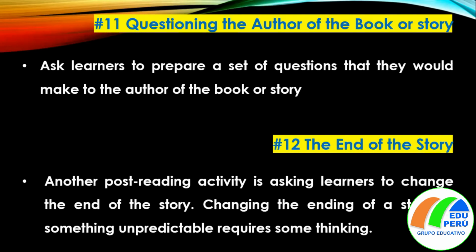They read a conversation and then they have to change what happened at the end of this conversation or dialogue. They have to use their knowledge and also the language or vocabulary that they have learned.